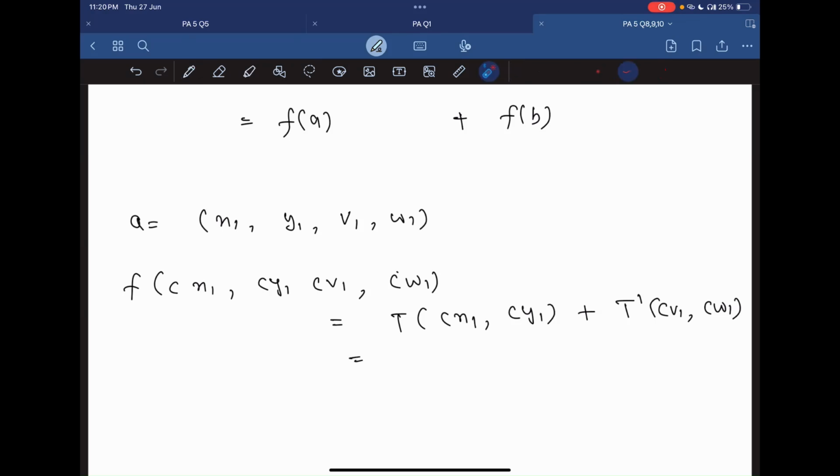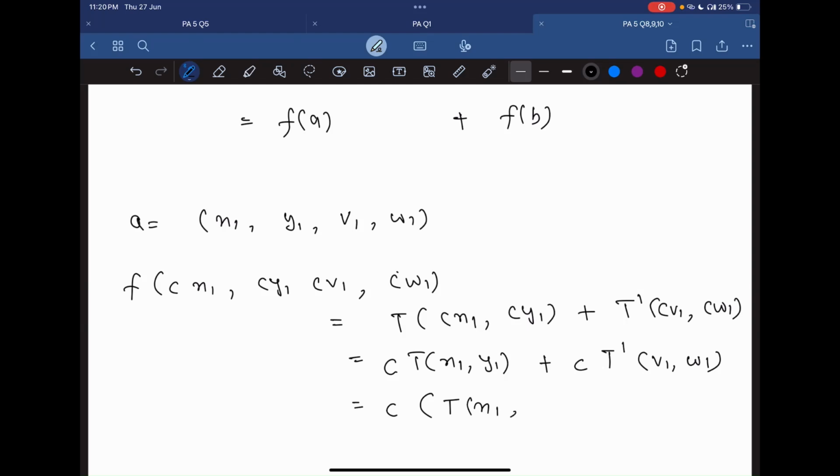And as these two are linear transformations again, we will take this c outside and we get c T of x1 comma y1 plus c T dash of v1 comma w1. Now we can take the c common, so we get c times T of x1 comma y1 plus T dash of v1 comma w1.